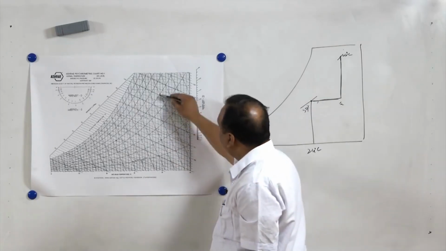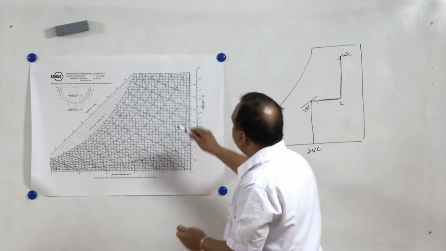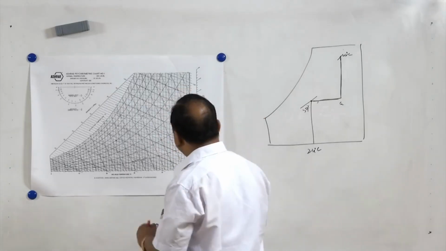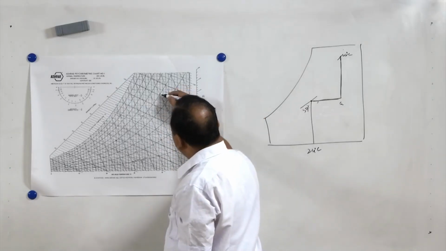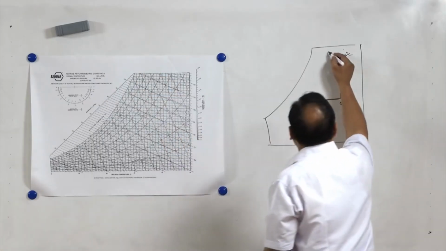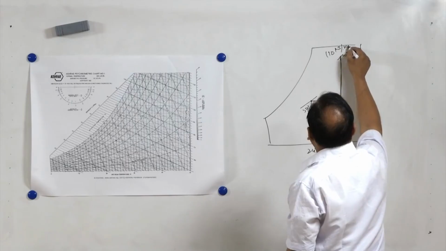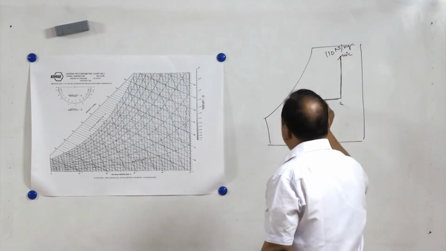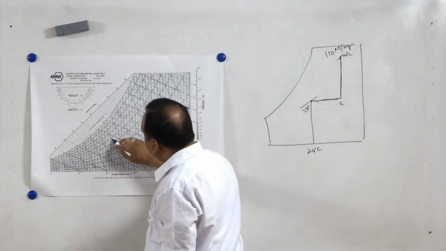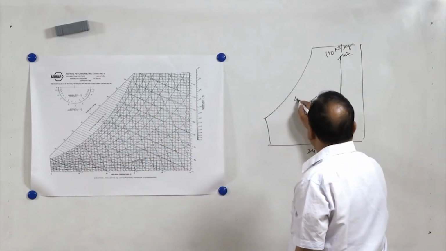Now, if I calculate these values from here, then the enthalpy of the air which is at 40 degrees centigrade temperature and 50% relative humidity is approximately 110 kilojoules per kg, and at this point the enthalpy is 48 kilojoules per kg.